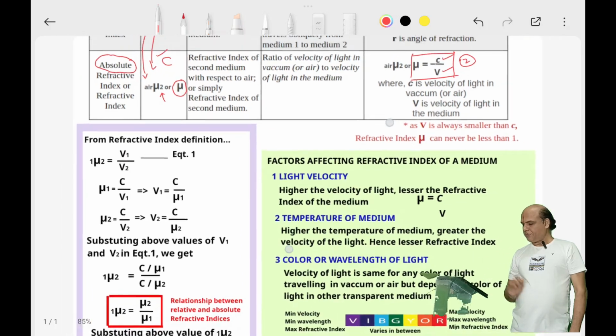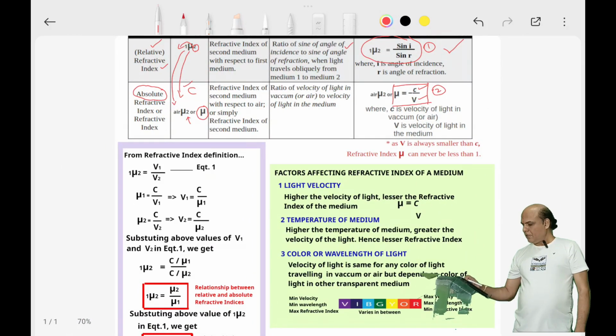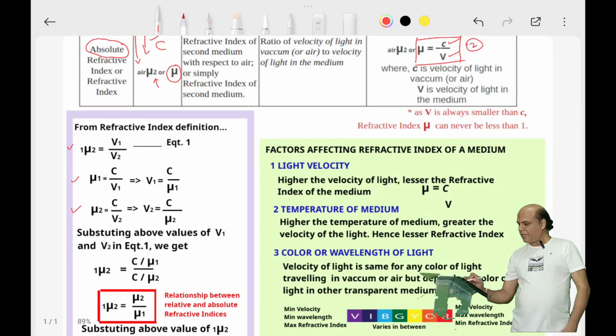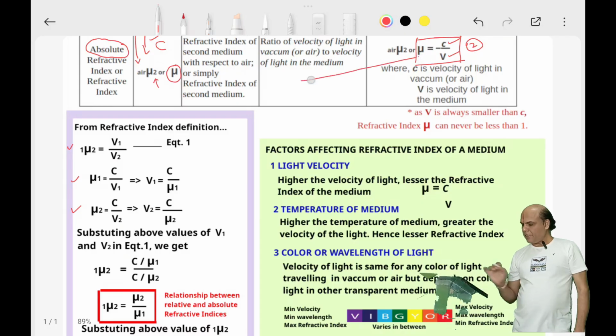So let us move further. Now consider these three expressions. They flow from the definition of refractive index. The refractive index of 2 with respect to 1 can be written as the velocity of light in medium 1 to the velocity of light in medium 2.